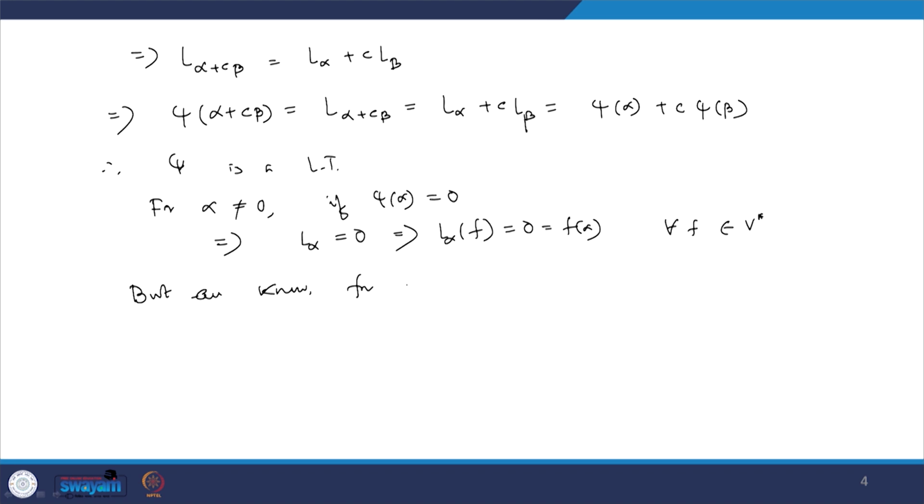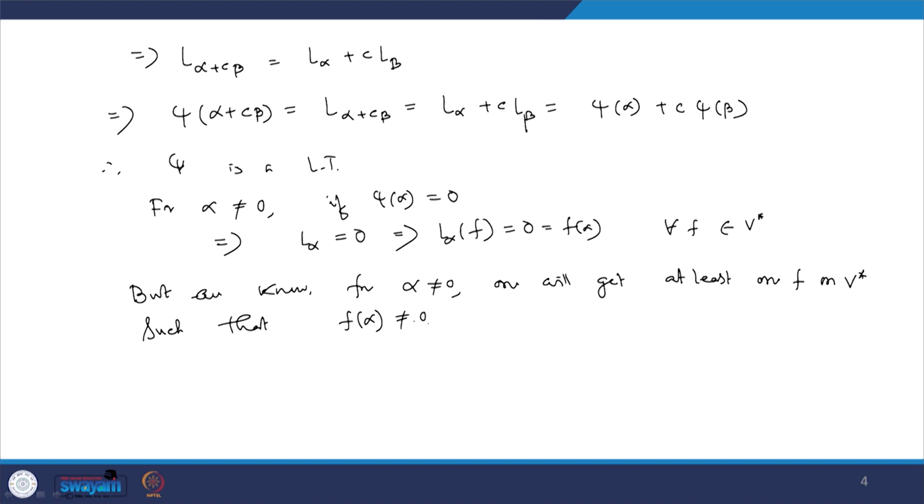For alpha not equal to 0, one will get at least one such f on V star such that f of alpha not equal to 0.